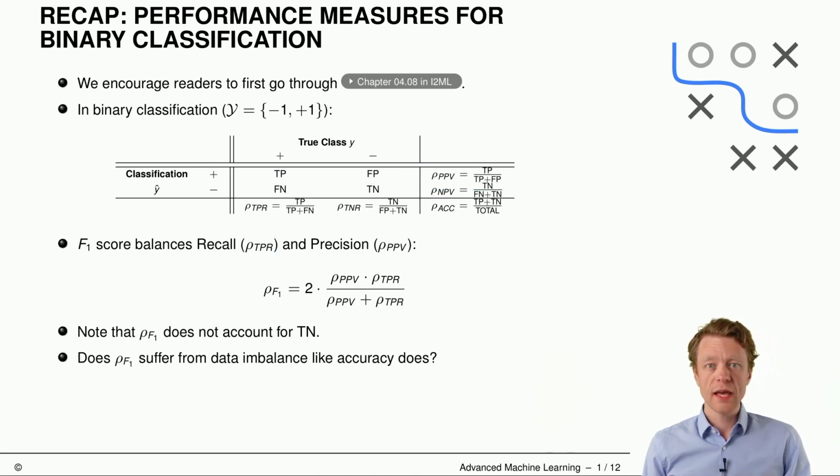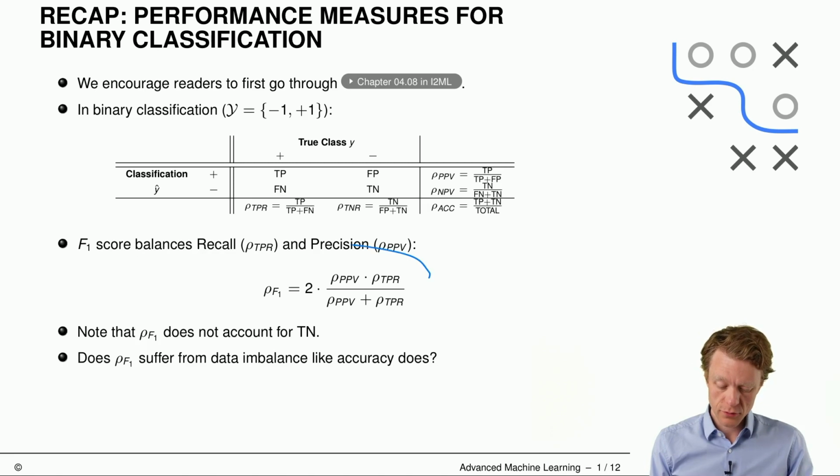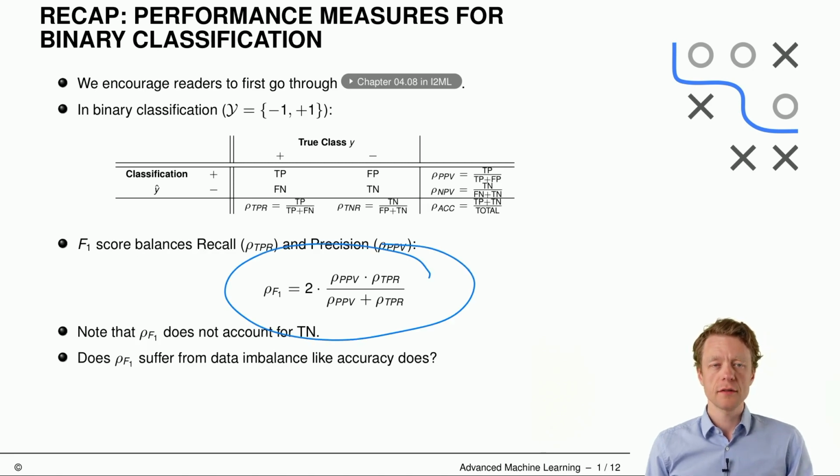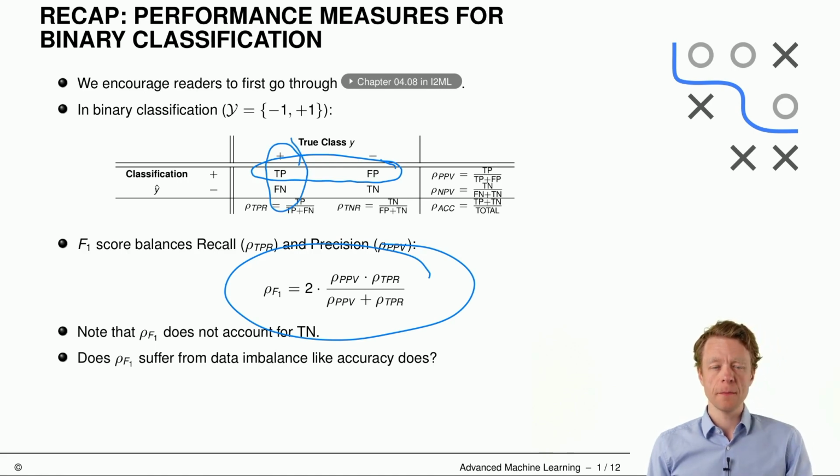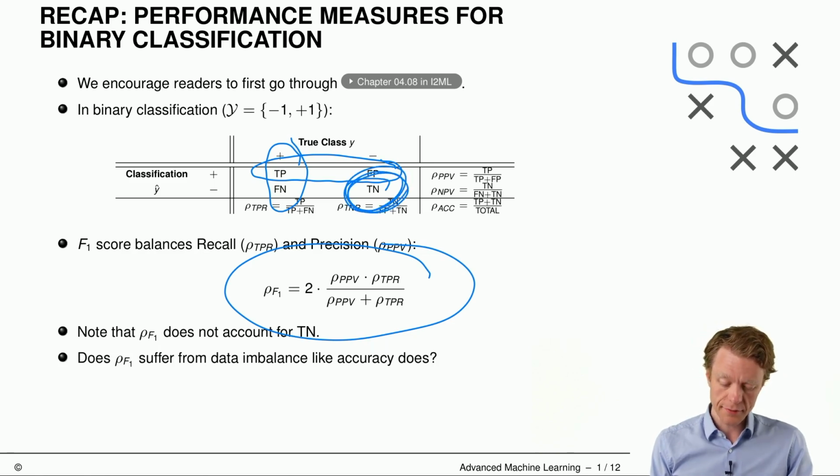Okay, and then we have a measure called F1 score that balances the recall and the precision by a harmonic mean. That's 2 times the product divided by the sum of recall and precision. If you have a close look at the formula, you will see that precision looks at TP and FP, recall looks at TP and FN, which means that the F1 score does not at all have a look at the true negative values.